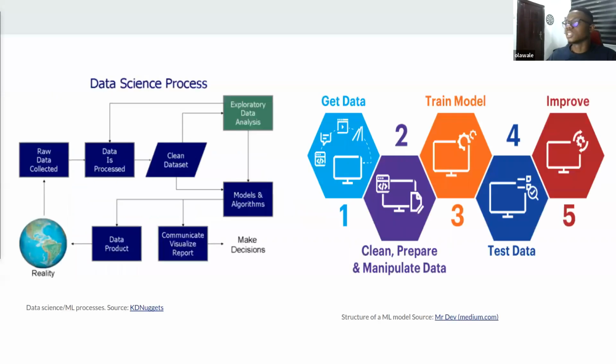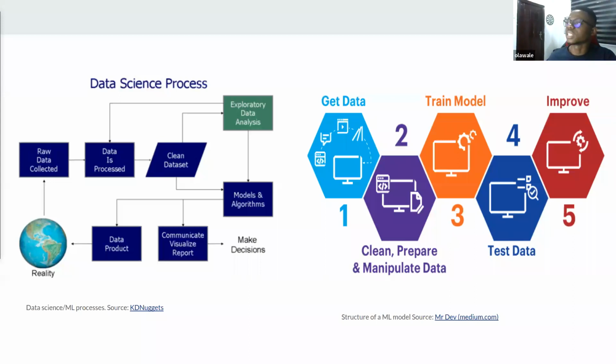So that brings us to the next slide, which is on data science processes. Basically, what is data science? It's just the act of using scientific methods to get insights from data, which could help aid business decisions and business actions, such that the business could be more profitable.